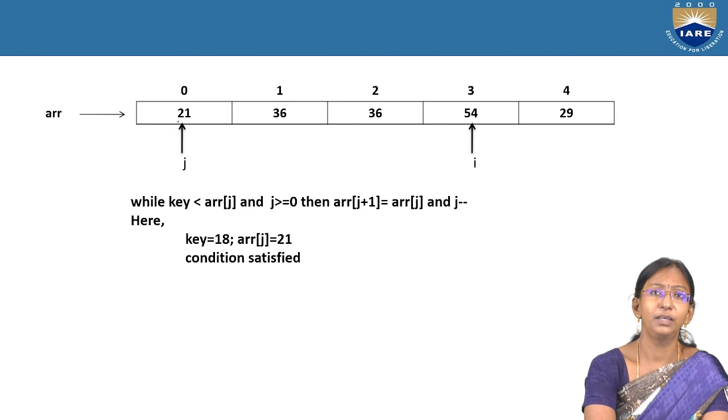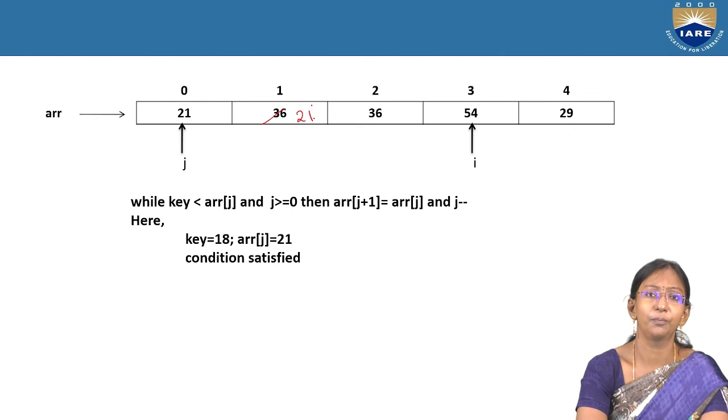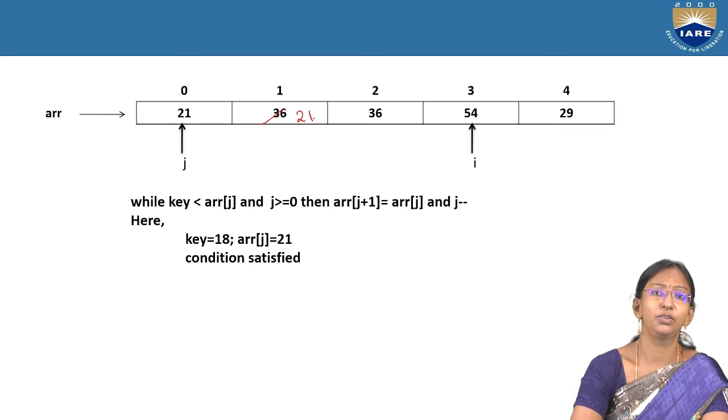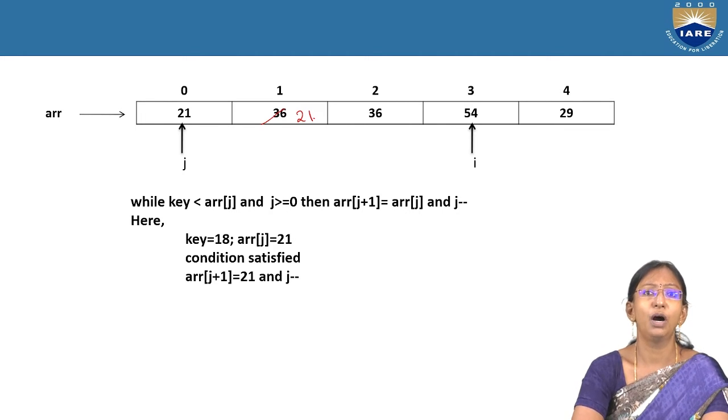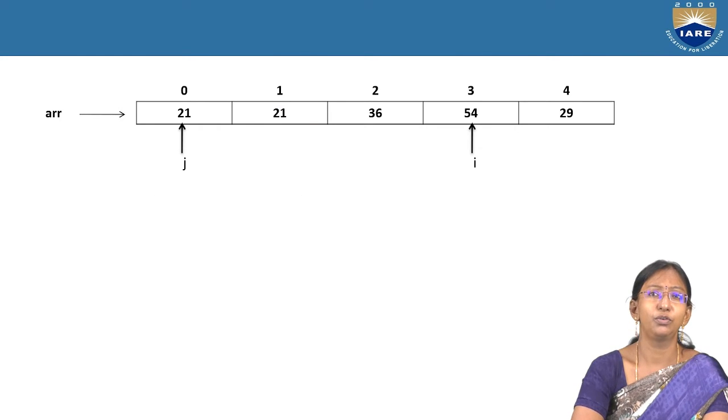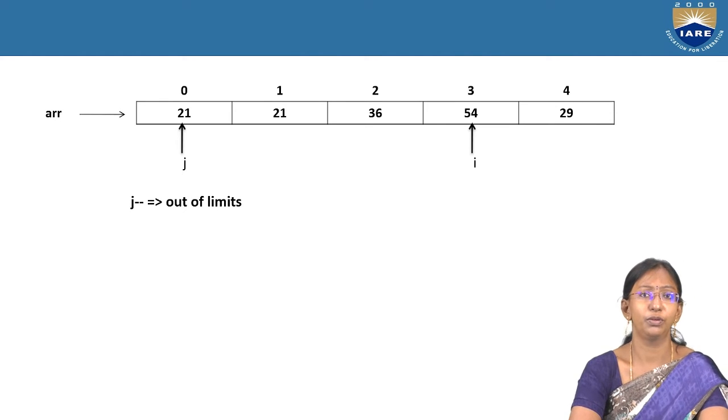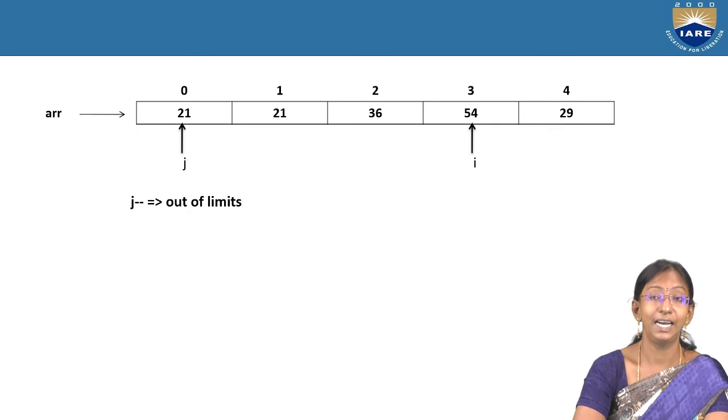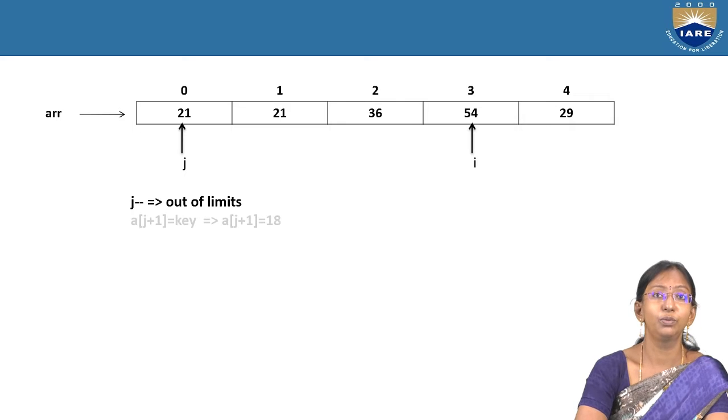The element pointed by j is 21, so overwrite this 36 with 21 and decrement j. If you decrement j, it will go out of boundary, that is, it will go to -1. Even if you check, j is -1, out of bounds. This tells us it is the end of the iteration. With the end of the iteration, what do we have to do?